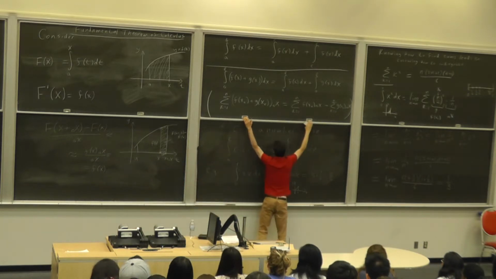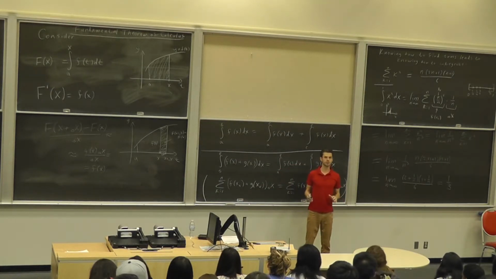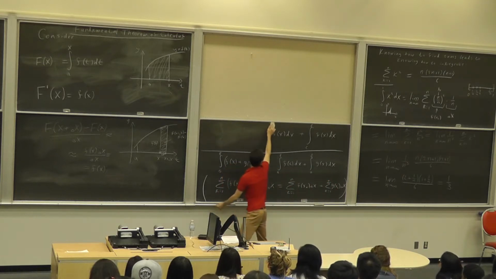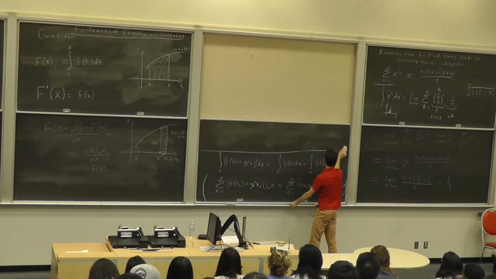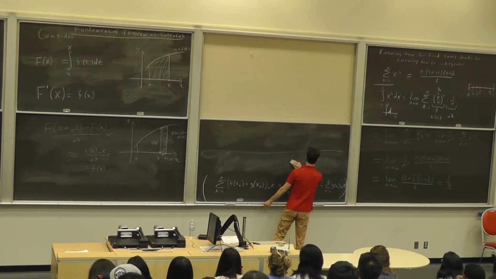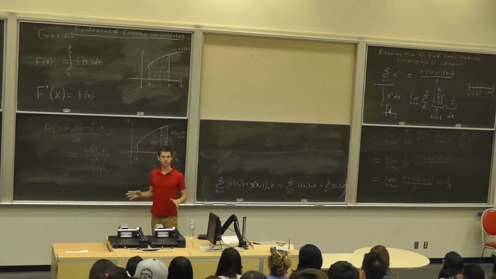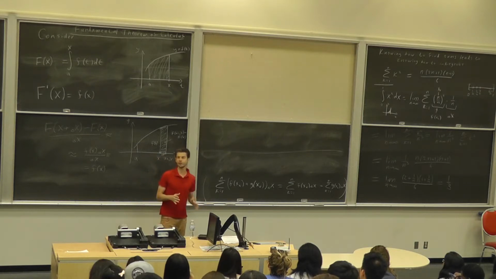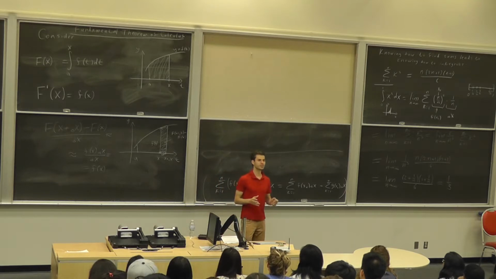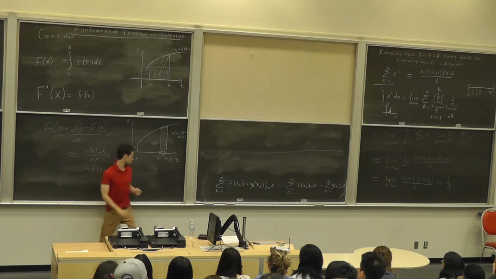Now let's think through the consequence of this step for actually finding the area. Suppose that I don't know what the area is. I can't evaluate this now. But suppose I somehow found a function with this property.